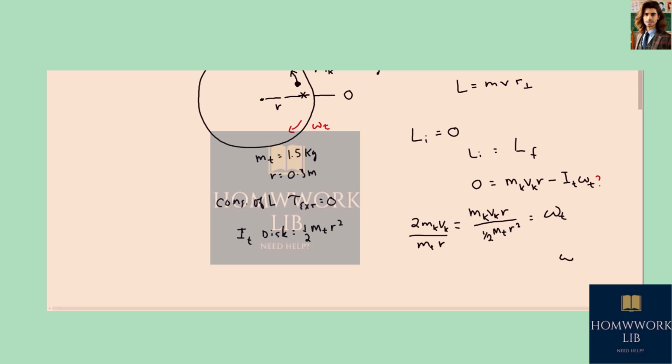Okay, so we can figure out the angular speed of the turntable, and mark you, this is relative to the ground. And that is important to note that we are thinking about the ground frame.